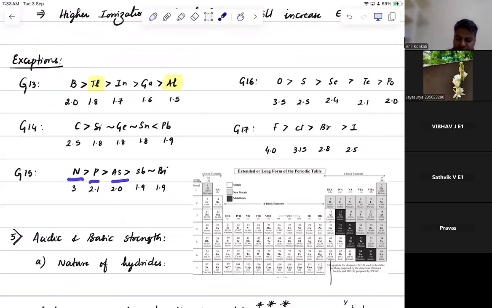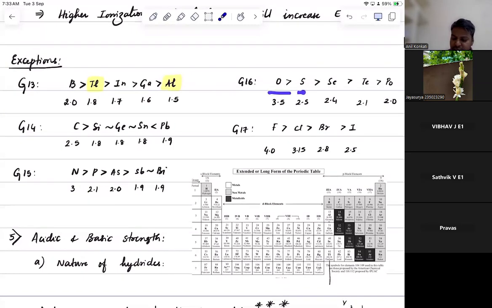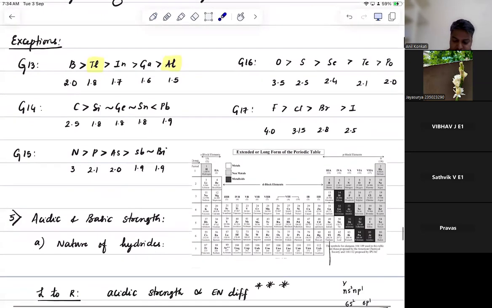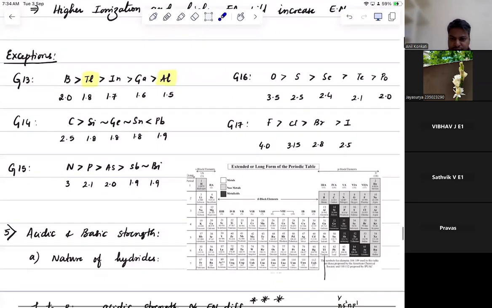Nitrogen, phosphorus, arsenic, antimony, and bismuth have close electronegativity. Oxygen is highest here, then sulfur, selenium, tellurium, and polonium. Lastly, fluorine, chlorine, bromine, iodine. Fluorine will have the highest. So this sequence is about electronegativity.